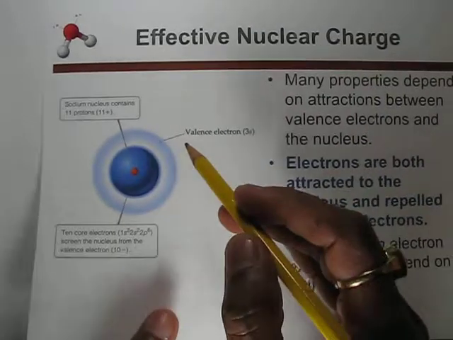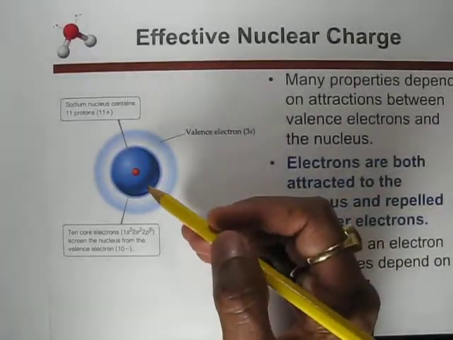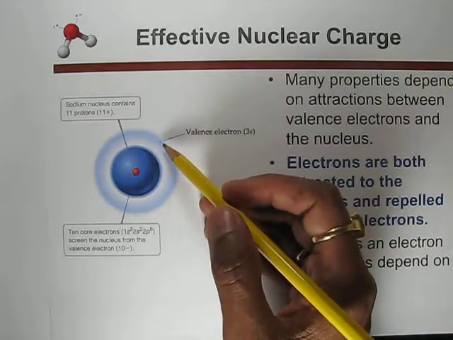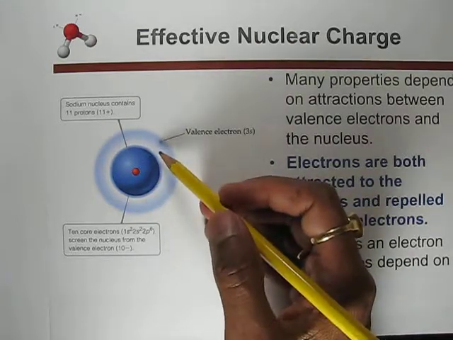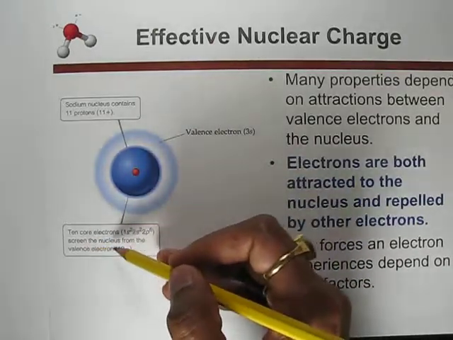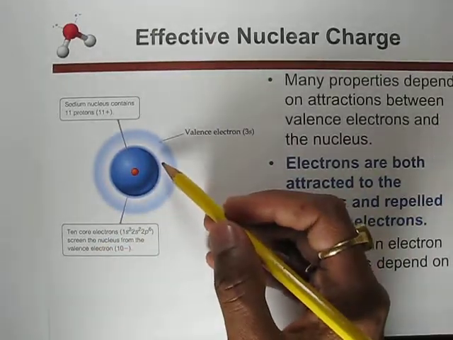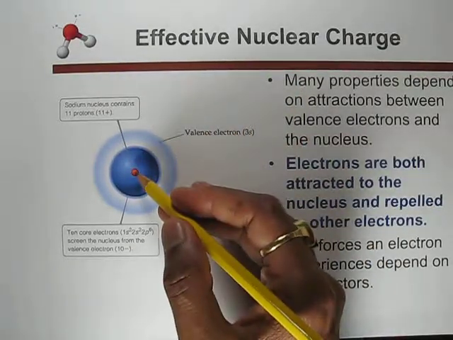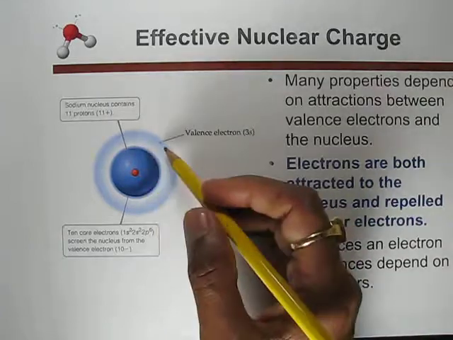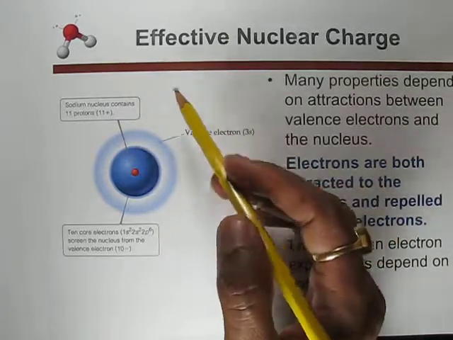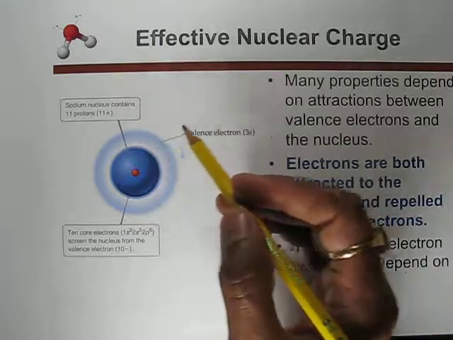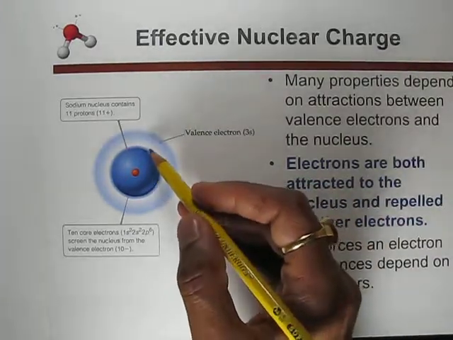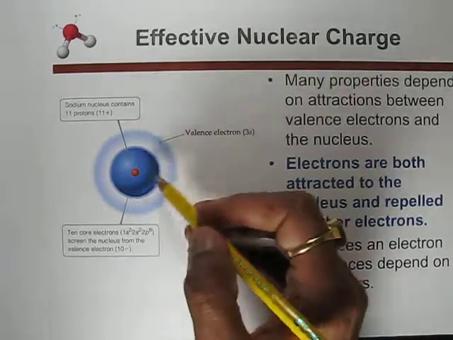Every electron has an attraction from the nucleus, but as we move further from the center, the core electrons, which are the 10 electrons, work as a shield. They repel this electron away from the nucleus. That is why the total effective nuclear attraction becomes less compared to the inner electrons.